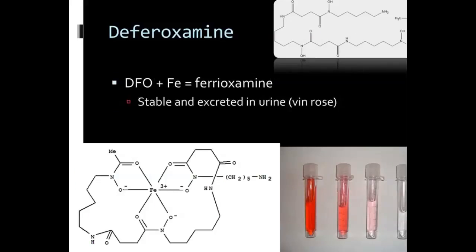And if you are producing vin rosé urine, that means that the deferoxamine is finding iron and forming ferrioxamine. Commonly, when the vin rosé urine stops, people have used that as an indicator that deferoxamine can be stopped, at least for a period, because you're no longer binding any iron.